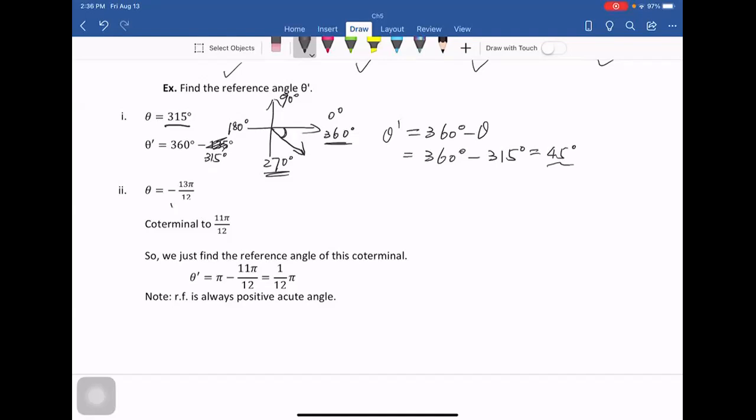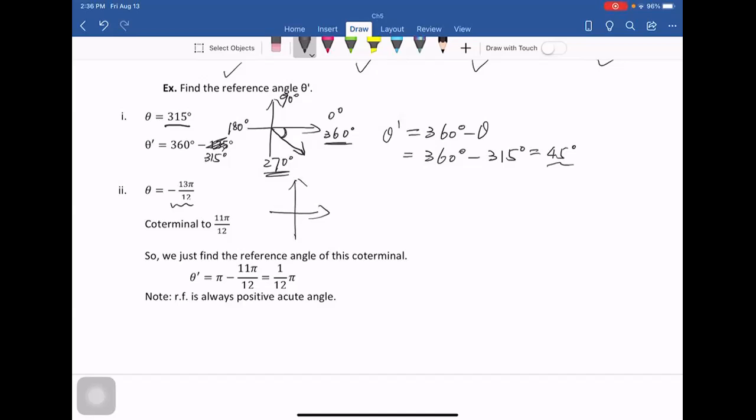Next one, theta equals negative 13 pi over 12. I'd like to convert it to a positive angle using coterminal angle knowledge.